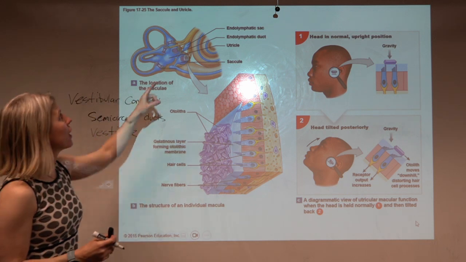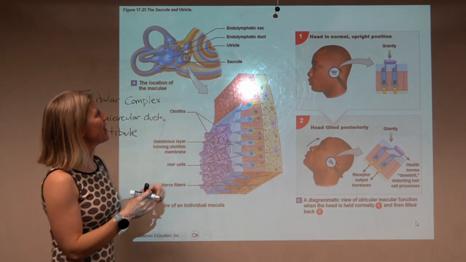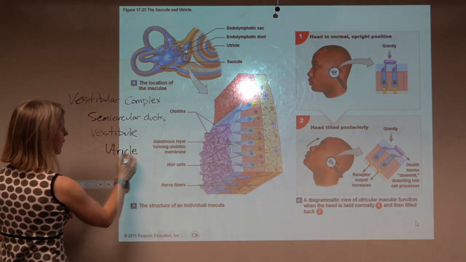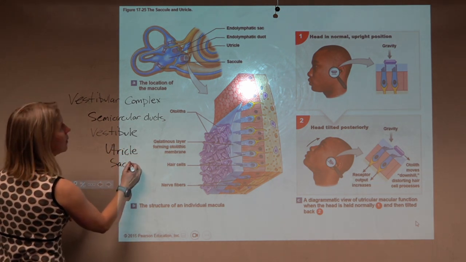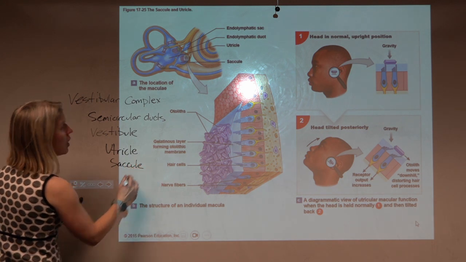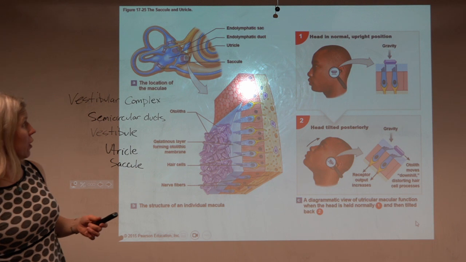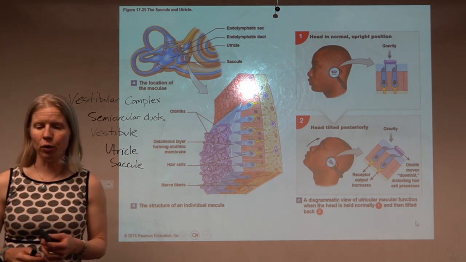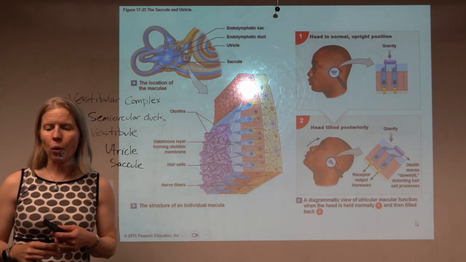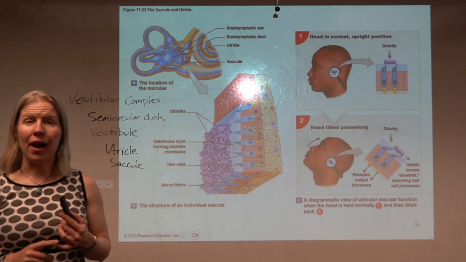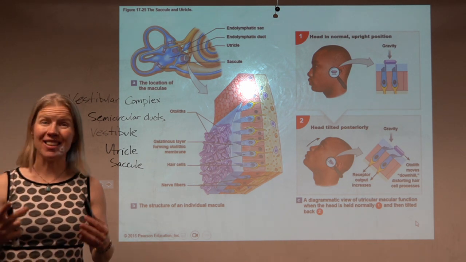And in this area, you have the utricle and the saccule. Right, and these receptors are still going to be hair cells here in the vestibule, but these are going to be associated with things like gravity. So these tell you things about the tilt of your head.